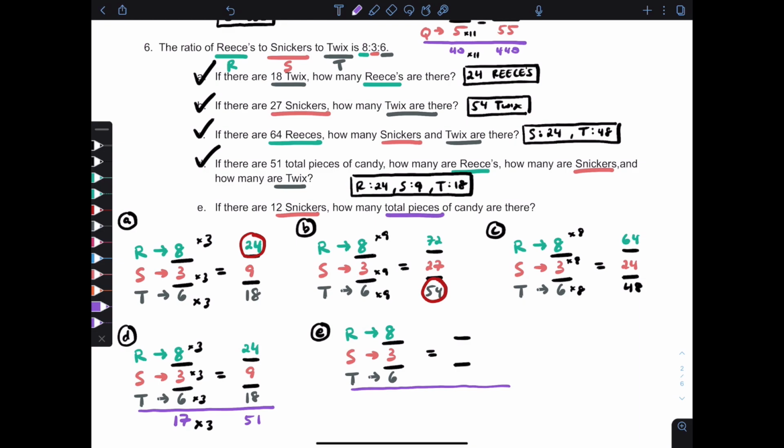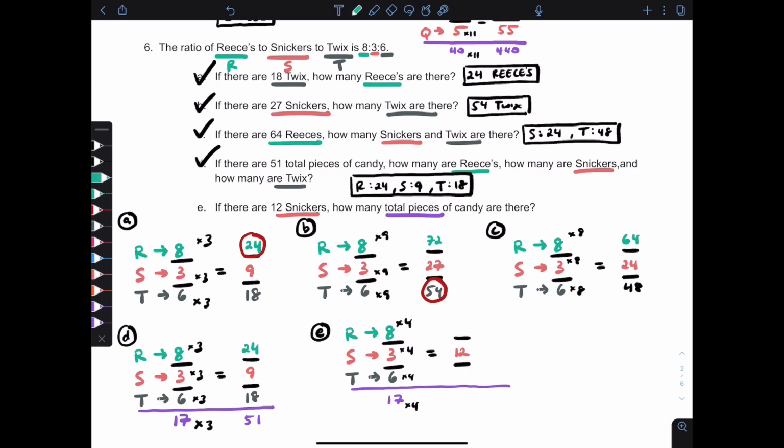So the total in the last one we actually figured out was 17. So they're saying what if there are 12 Snickers? 12 Snickers goes here. 3 times 4 is 12. So this times 4 and this times 4 and this times 4. You actually don't really need to fill in these pieces here because you could just do 17 times 4.